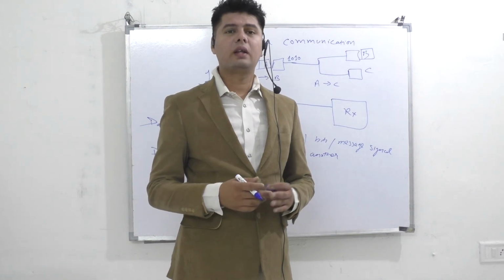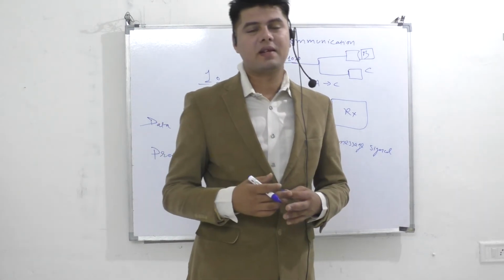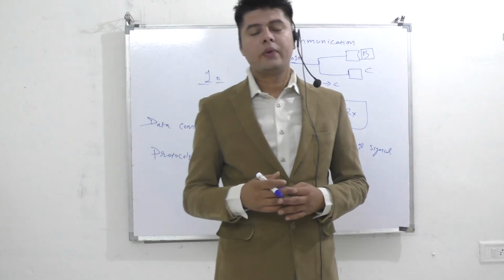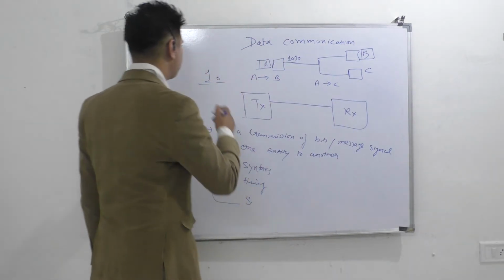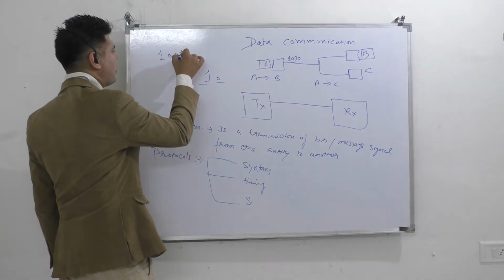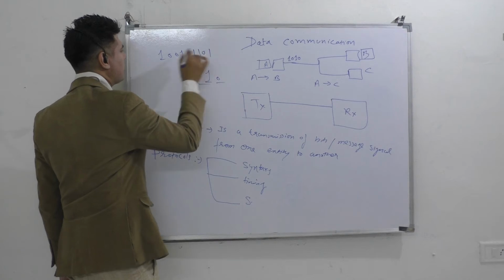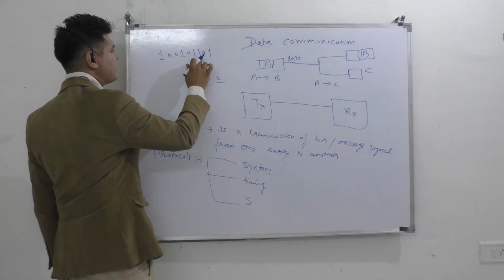Let's suppose I wish to transmit 8 bits. So my initial first 4 bits, suppose 1 0 0 1 0 1 1 0 1 1, numbered 1 2 3 4 5 6 7 8.